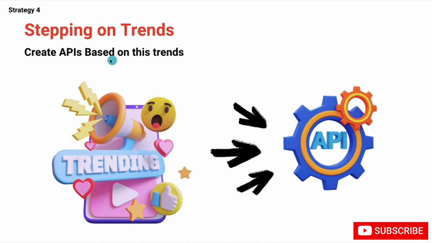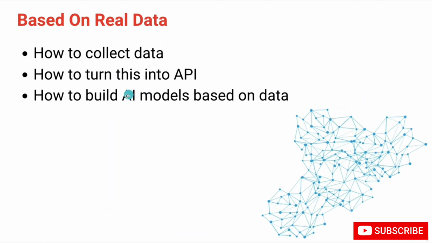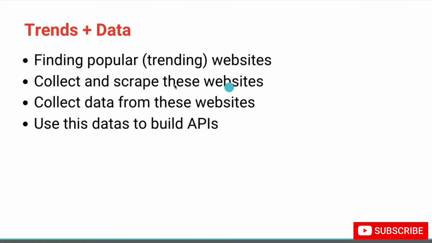So basically strategy 6 is the combination of trend as well as data. You can put together trends, collect data, and on that basis build an API. So it's a mixture of trending and data to build the API.